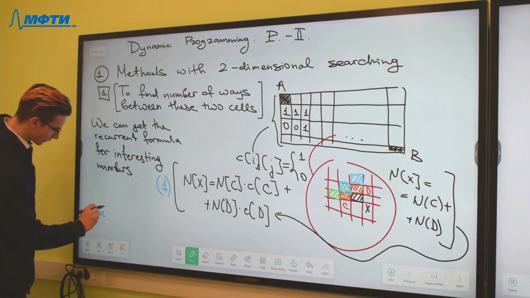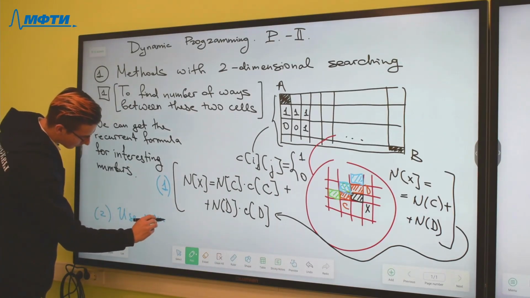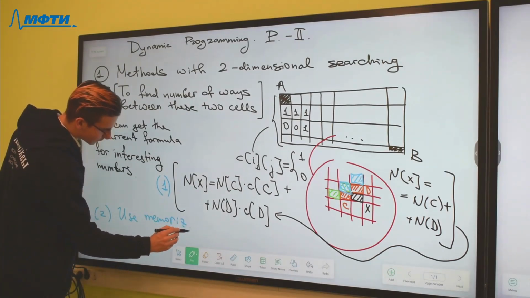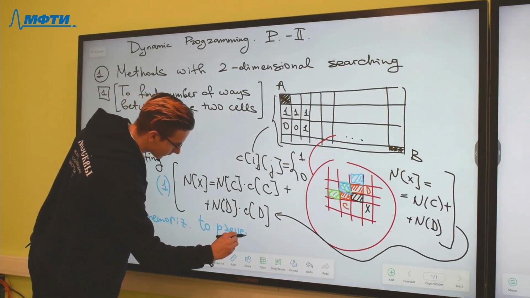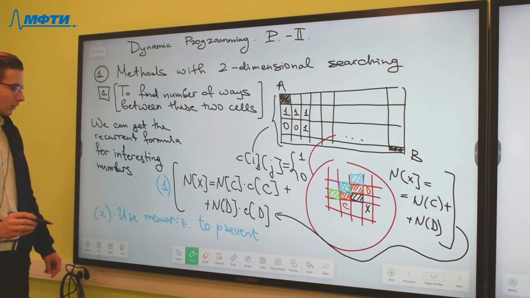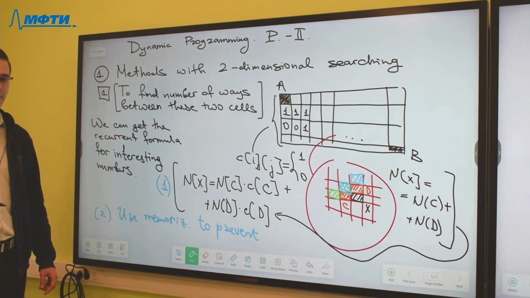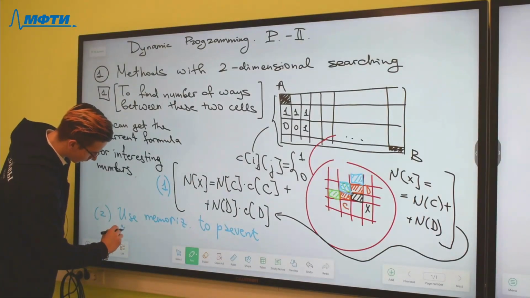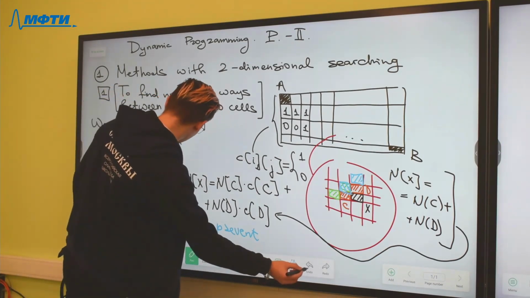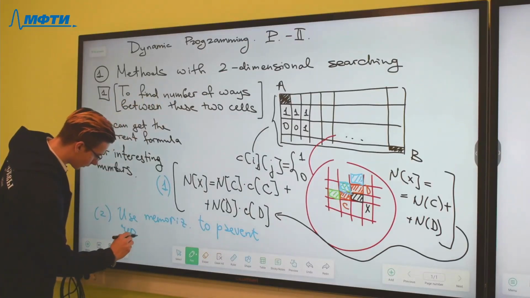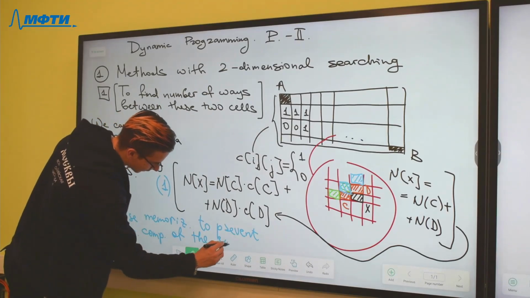And so use memoization to prevent repeating of the computations of the subtasks.